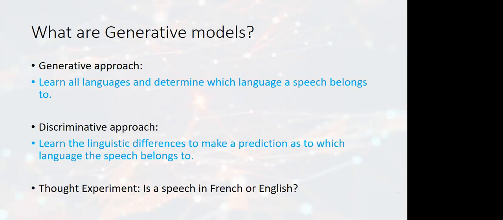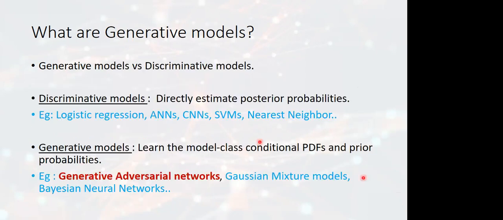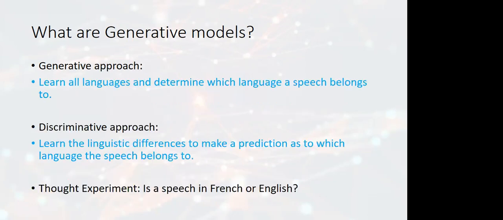I know these definitions are probably not very intuitive if you are not familiar with probability theory and statistics, so I want to give an intuitive example of the differences between the generative and discriminative approaches of learning models.